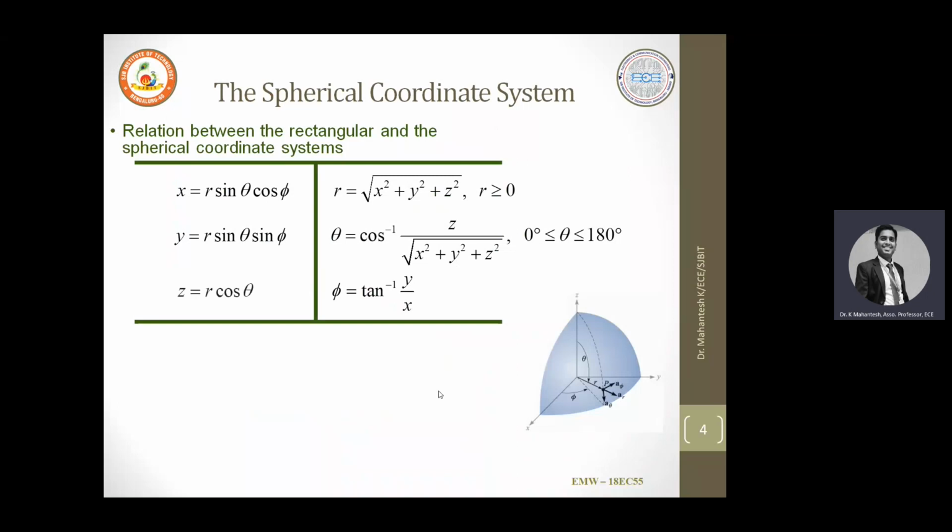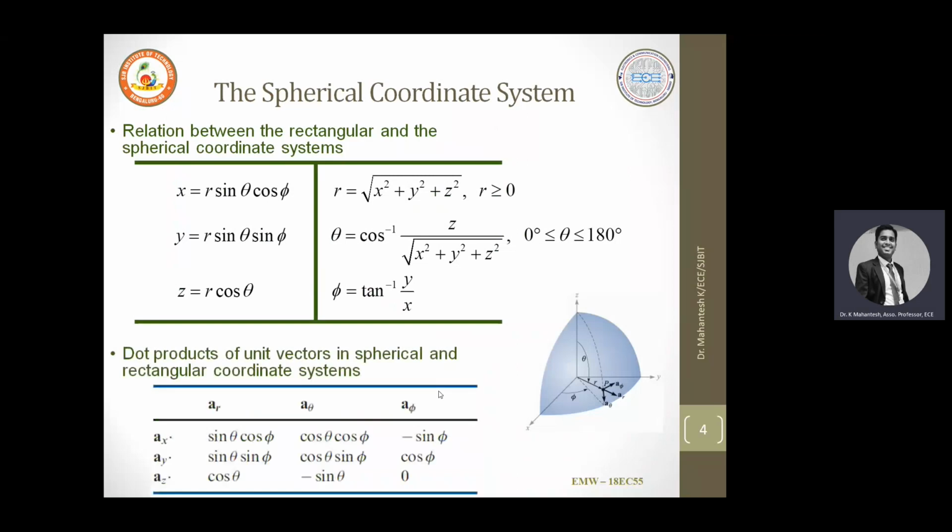Whereas x, y, z of the Cartesian coordinate system can be calculated using the equations given in the table. You can also note the dot products of unit vectors in spherical and rectangular coordinate systems, given in the table.